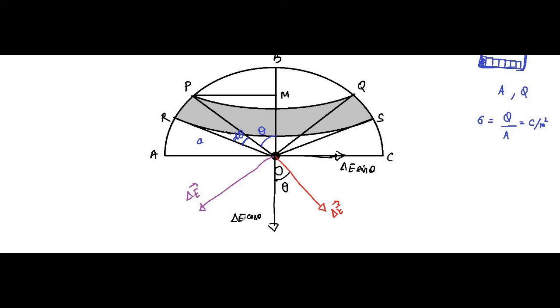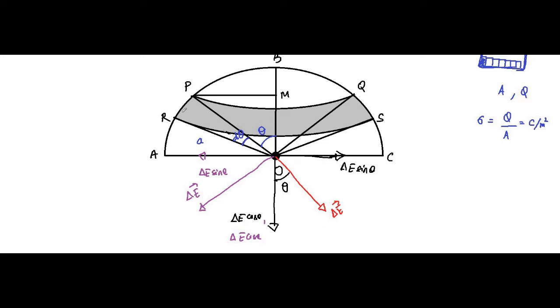In the vertical it will be the same delta E cos theta, which will get added up, but along the horizontal axis it will be delta E sin theta in the opposite direction to this. So this will get cancelled out.